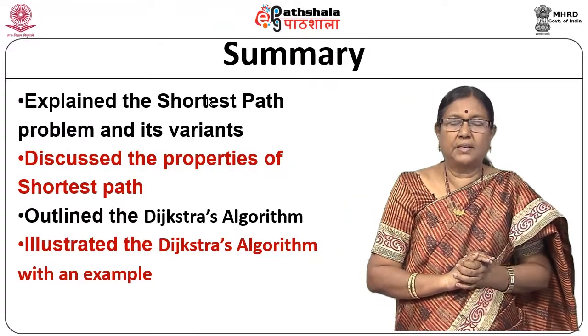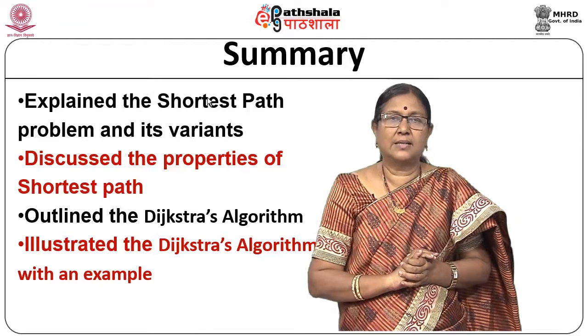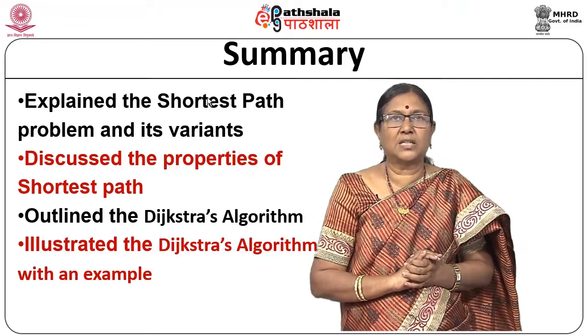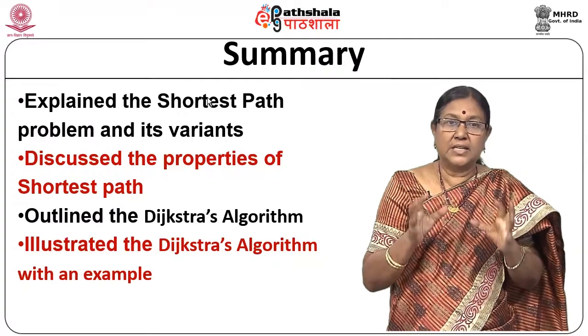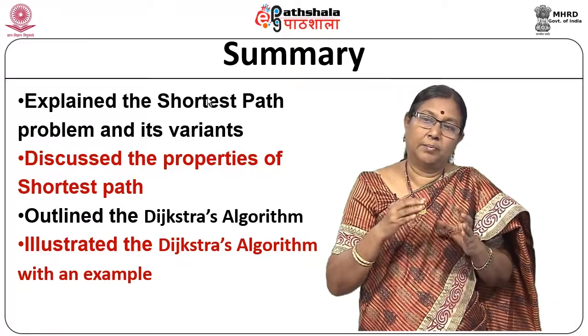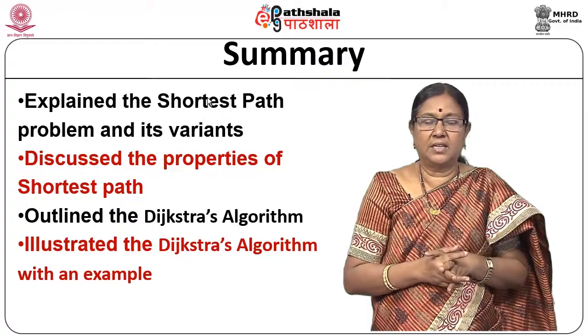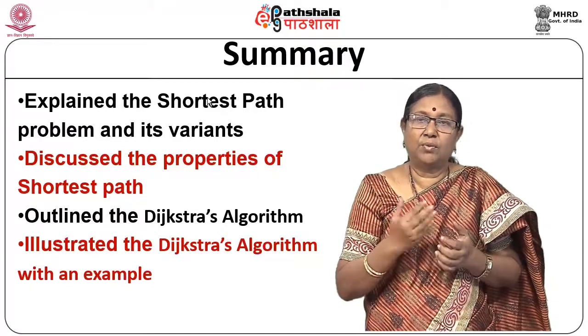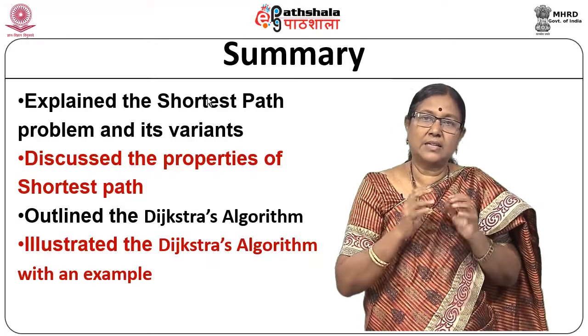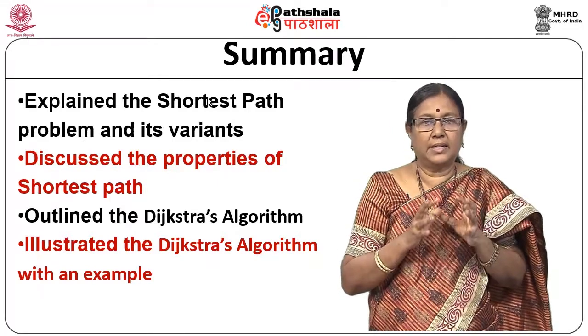So, in this module, we discussed Dijkstra's algorithm and explained the shortest path. Before we explained Dijkstra's algorithm, we discussed the shortest path problem, the basic problem and all its variants. Then we discussed some properties associated with the shortest path, outlined Dijkstra's algorithm, and illustrated it with an example.